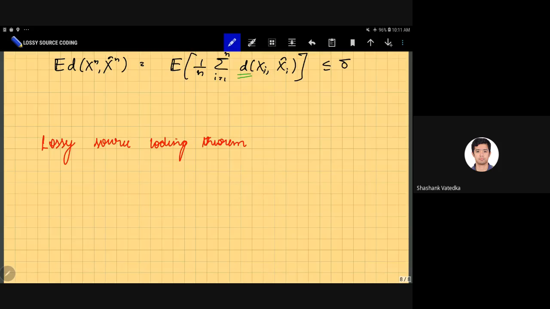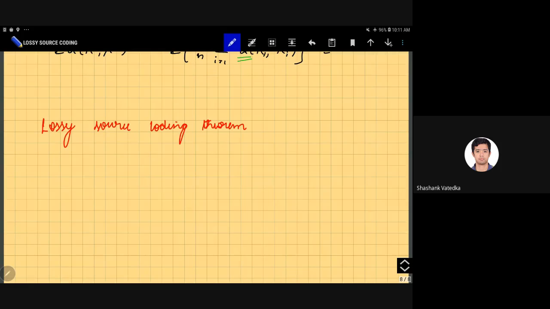This is now called the lossy source coding theorem, and he said that the minimum rate of compression for an IID source is... So if there is no loss allowed, if we want to do lossless compression, then we know that the minimum asymptotic rate of compression for an IID source is equal to the entropy.